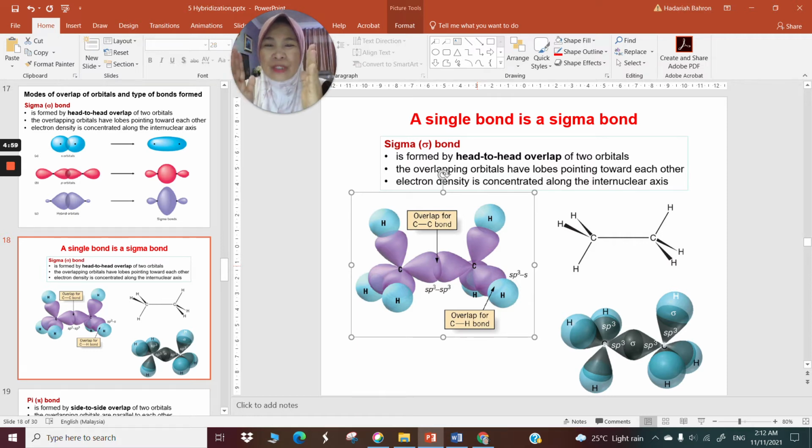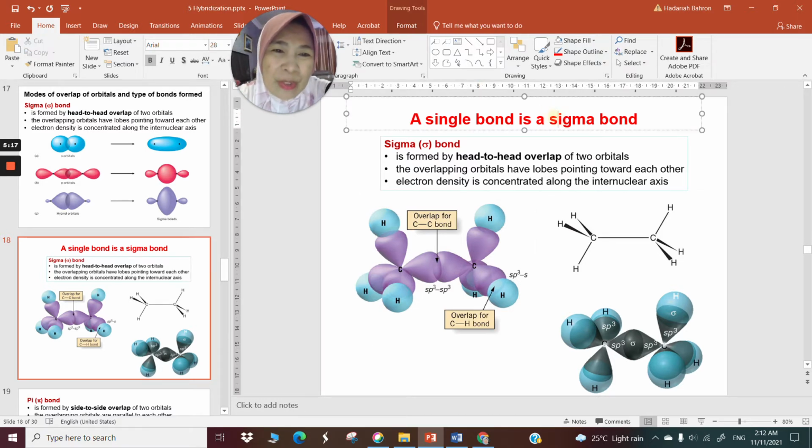The other orbitals will be probably situated in this situation or in that situation, but those that are having their lobes pointed towards each other will overlap first, and that is the bond that is going to be formed first. So a sigma bond will be the first bond and the single bond.